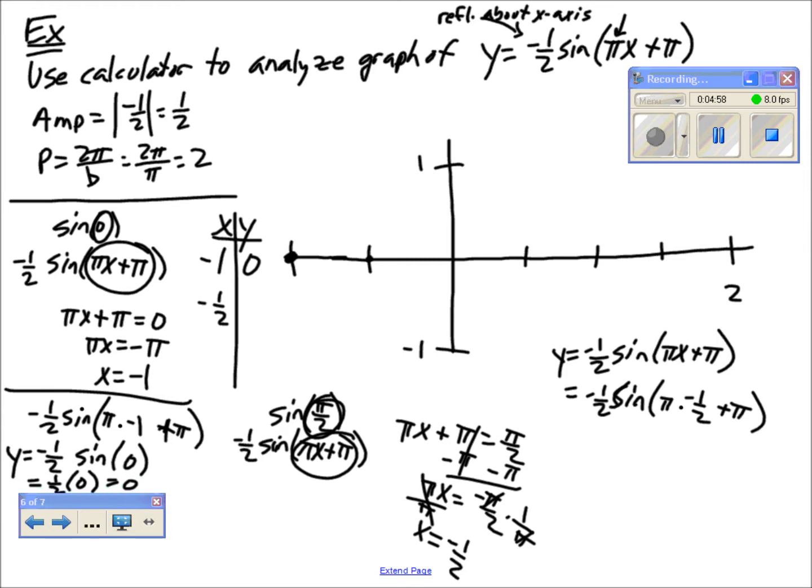Negative pi halves plus pi is pi halves, and we know the sine of pi halves is 1, negative a half times 1 is negative a half. So at negative a half, it spits out negative a half, right there, okay?